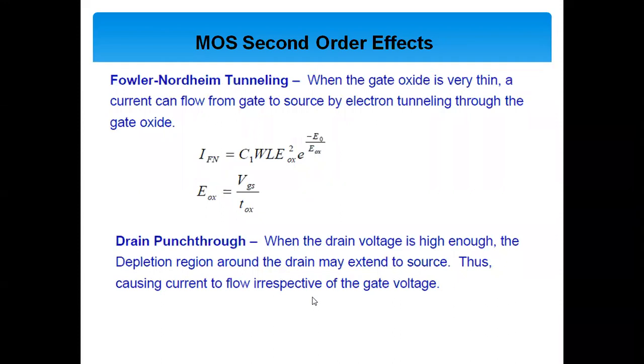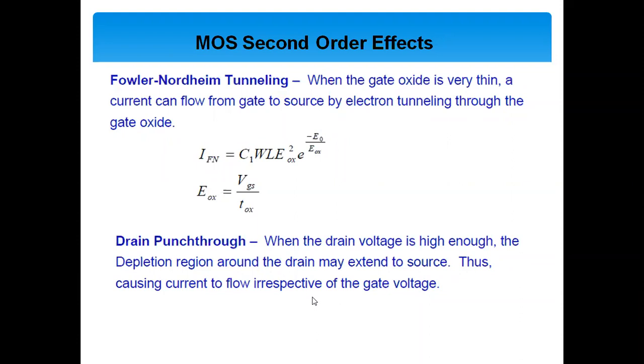effect? When the gate oxide is very thin, as you know from the construction of MOSFET, there is a SiO2 insulating layer of silicon dioxide that we are applying. So if that gate oxide layer is very thin, then what happens? A current can flow from gate to source by electron tunneling through the gate oxide also.